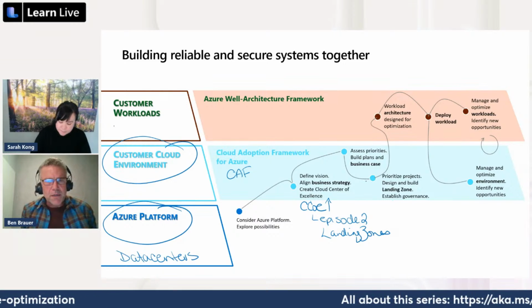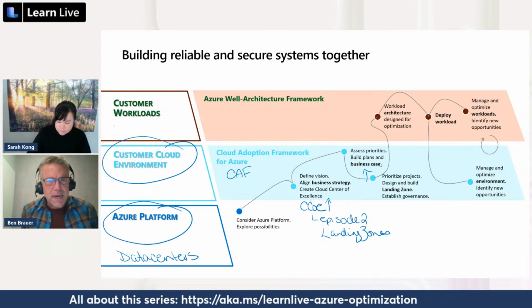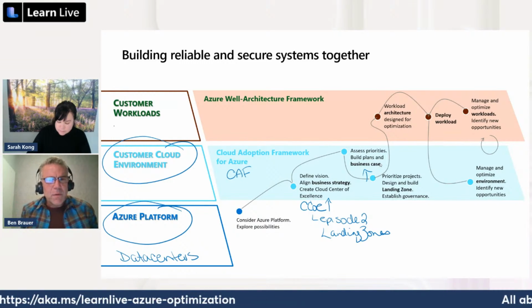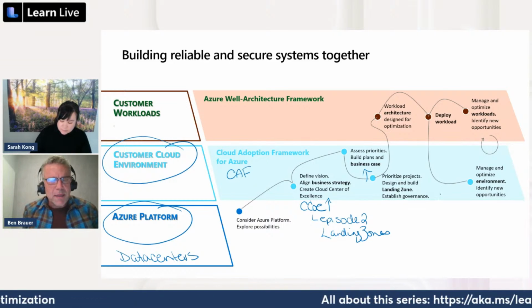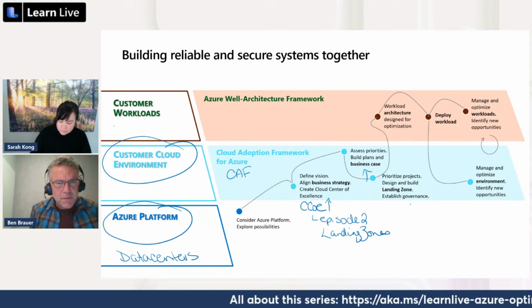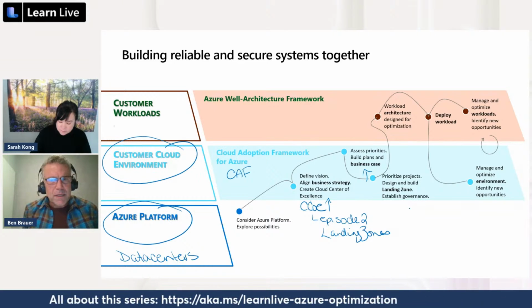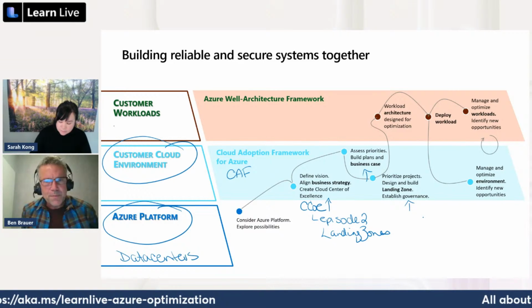This is really where you see the main strategy, the business owners taking into account how we're going to move to the cloud. Once that's done, you're still using the cloud adoption framework and its best practices to prioritize projects, build and design landing zones, and establish some sort of governance model.